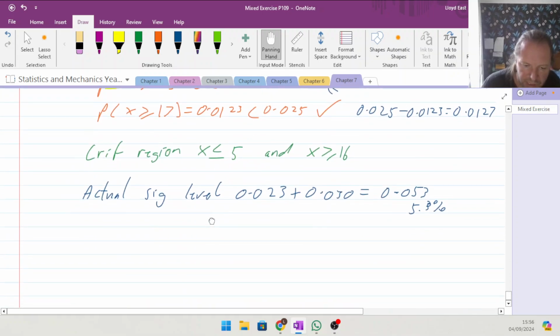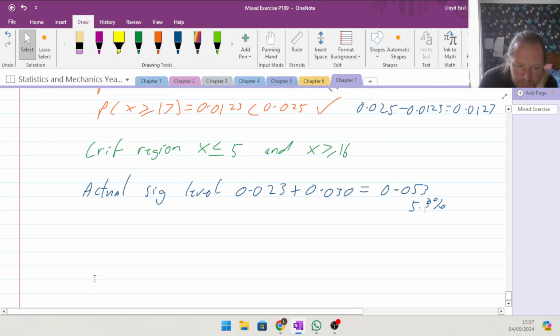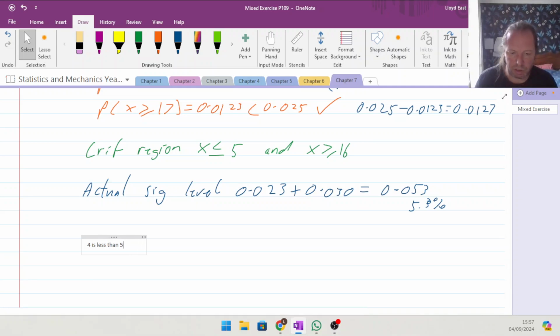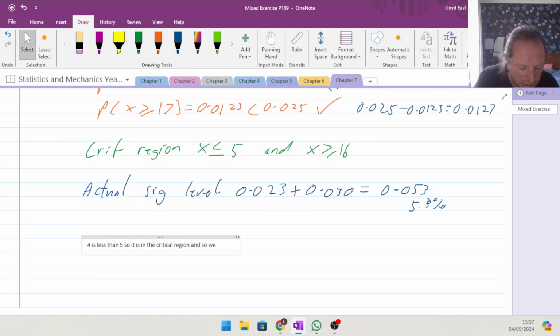We've said the critical region is x less than or equal to 5 or x greater than or equal to 16. So 4 is less than 5, so it is in the critical region, and so we can reject the null hypothesis and accept the alternative hypothesis.